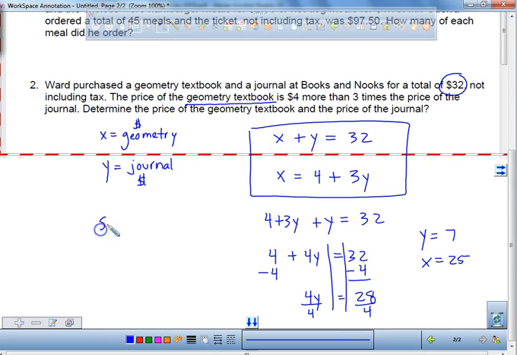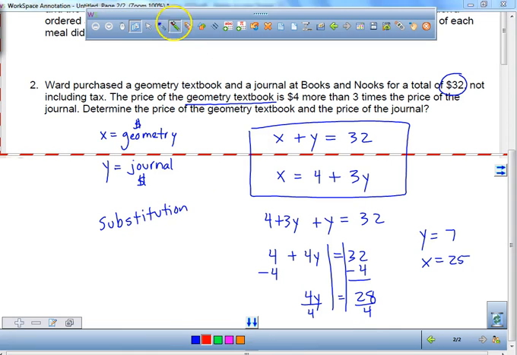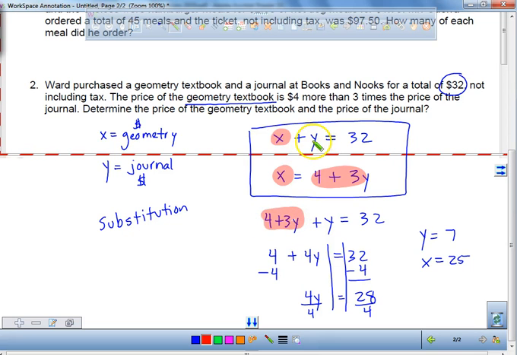So what process do we use by hand? We use the process of substitution. What did we substitute, in case you're wondering? For x, we plugged in 4 plus 3y right in there. I plugged it into that equation, and then I ended up solving for y. Once I found y, I plugged it back in and solved for x.